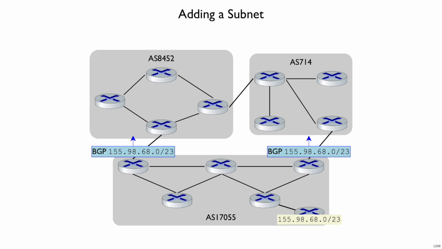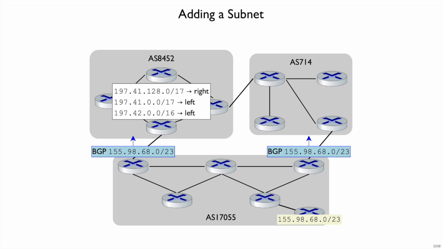So now, at the top left, AS8452 had some routing table so far, and it adds to its routing table the information that if you want to get to the 155.98.68 subnet, then you go down across that link. So any packet coming out of AS8452, now it knows where to send it to get to the new subnet. And again, this forwarding table entry was added as a result of getting a BGP message from AS17055.